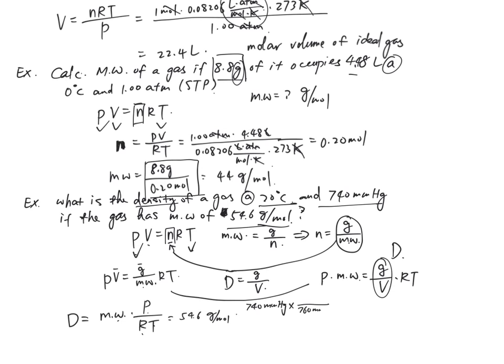Each 760 millimeters of mercury is 1 atmosphere, so that cancels, over 0.08206 liter atmosphere, so atmosphere cancels, mole cancels, times temperature, 20 degrees Celsius, 273 plus 20, Kelvin cancels, and you end up getting grams over liters, which is a density unit.